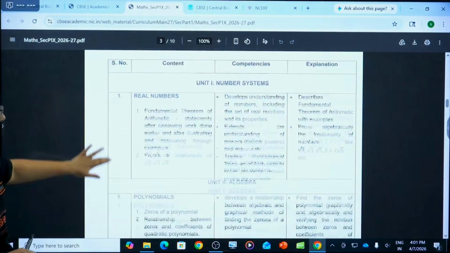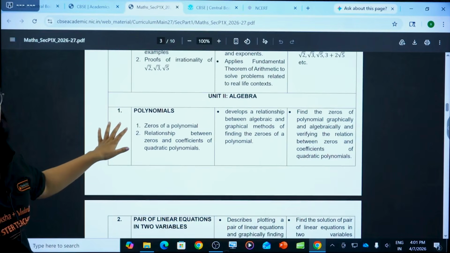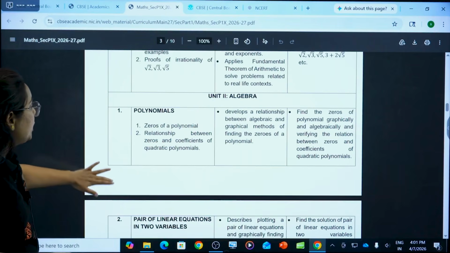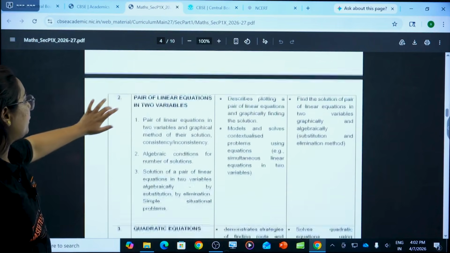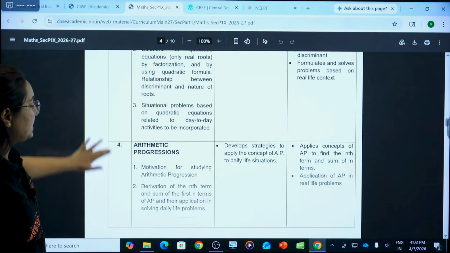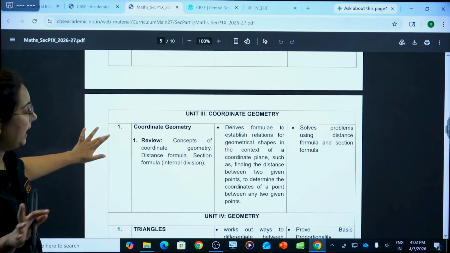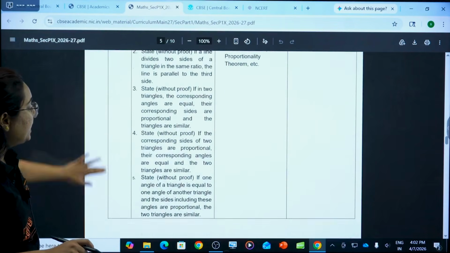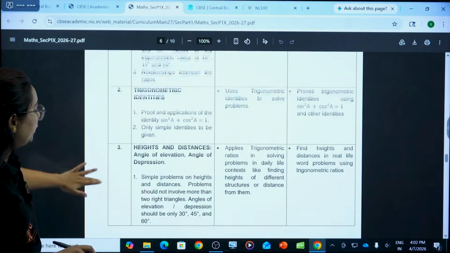They have even divided that for you. If we go to unit 2, that deals with algebra and the chapters related to it, you have polynomials, pair of linear equations in 2 variables, quadratic equations and arithmetic progression. Okay, done with this. Now comes coordinate geometry, and this is how the entire syllabus is given to you here.